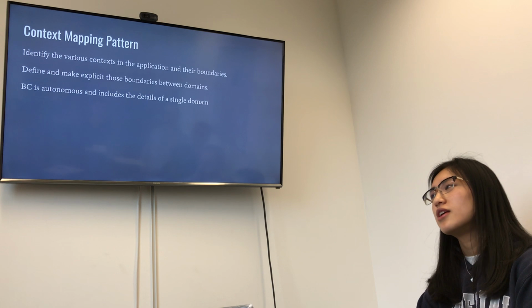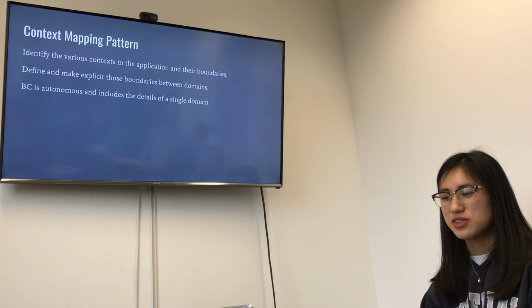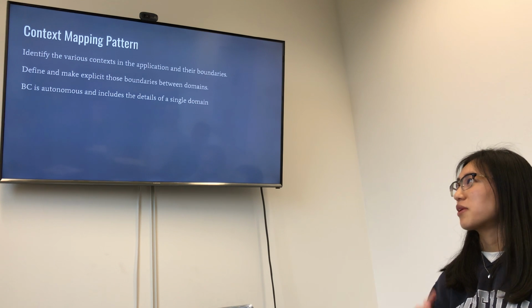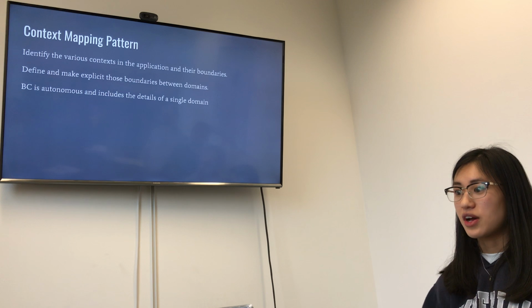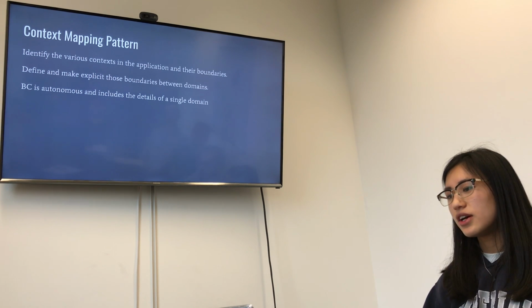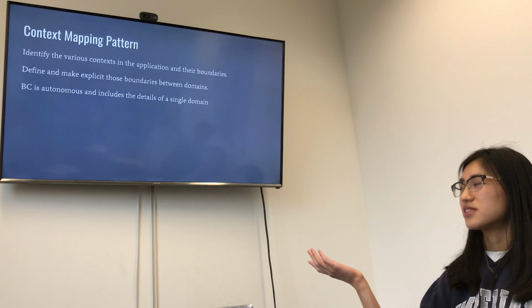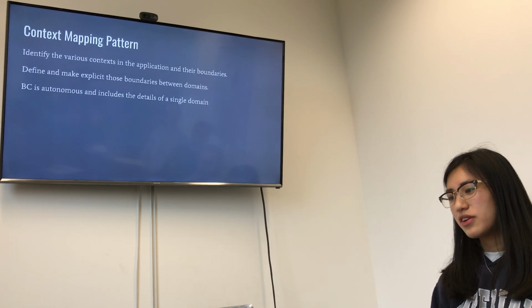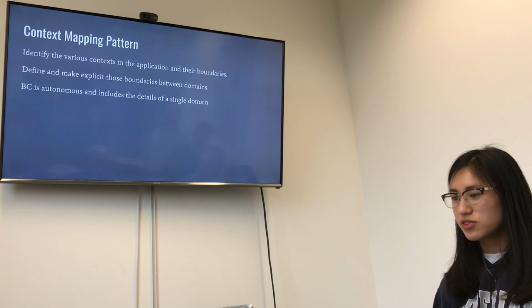So as I teased earlier, we do have this nice thing called a context map pattern, and if you see this online, I don't know if you're familiar with brainstorming or those little spider diagrams, but that's a good way of mapping context from your application. We'll look at the ways that we can do that in a bit. The way we identify bounded contexts is using context mapping. You can identify various contexts in an application within their boundaries.